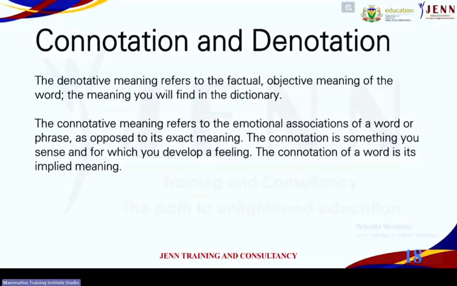We also talked about connotation and denotation. A denotation is the actual objective meaning of the word. So in the cartoon or advertisement, and you will see sometimes you have to read between the lines. The words don't necessarily have their denotative meaning there.